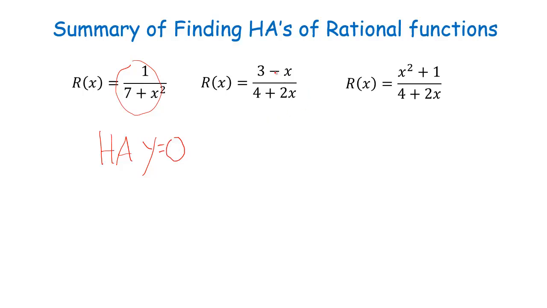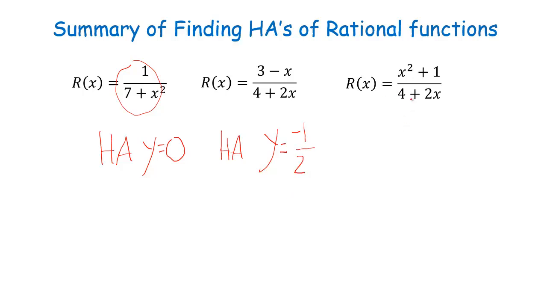This example, the degree of the numerator and the degree of the denominator are equal, so we take the leading coefficients and we get horizontal asymptote y equals negative 1 over 2.